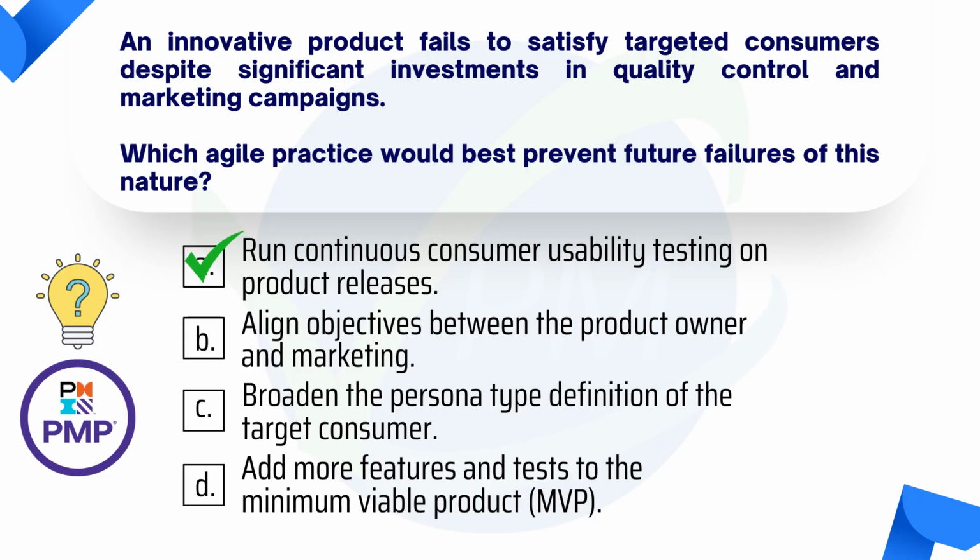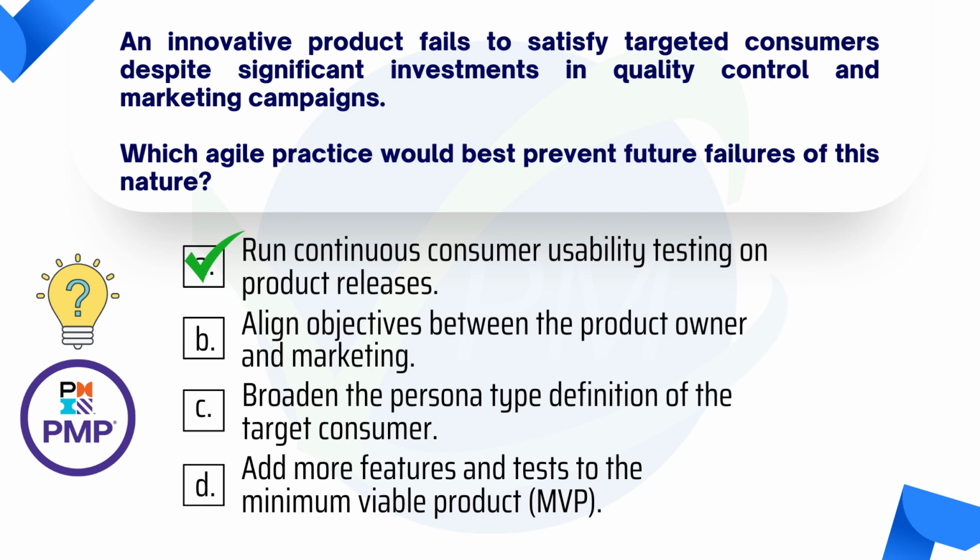So we're going to run continuous consumer usability testing on the product releases. Okay, so here, what this question is saying is that whatever you've got is actually not satisfying the target consumers, right?